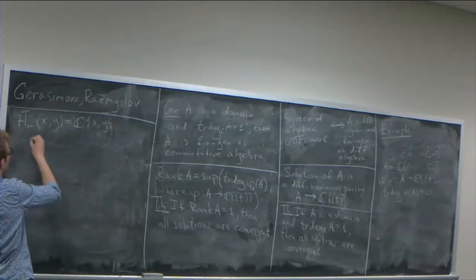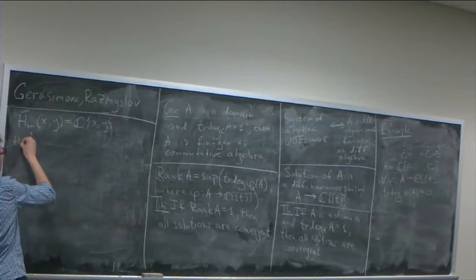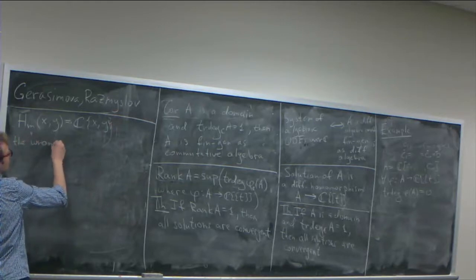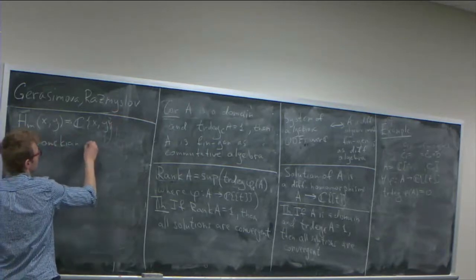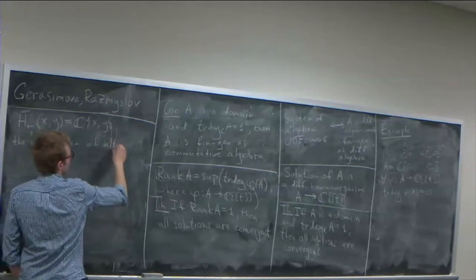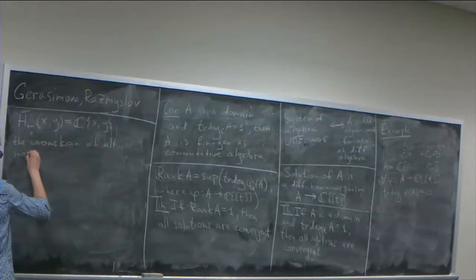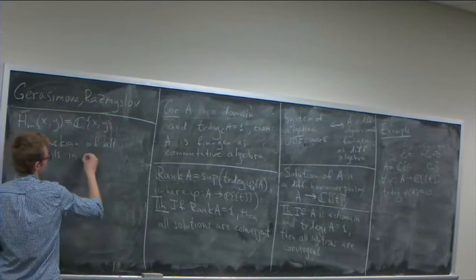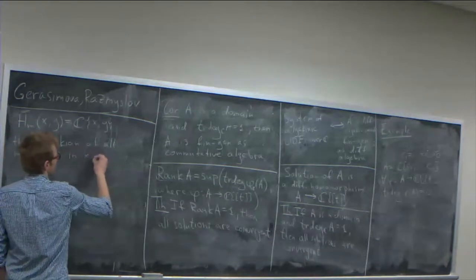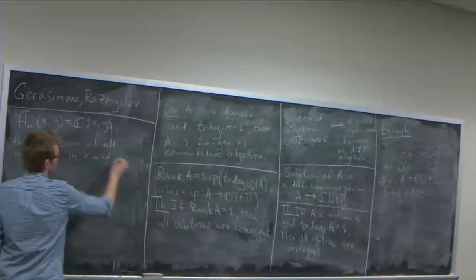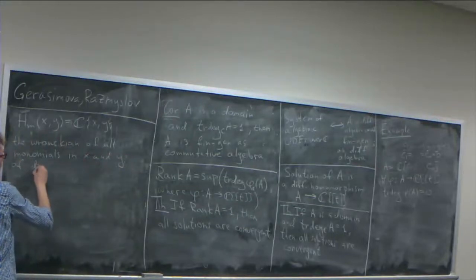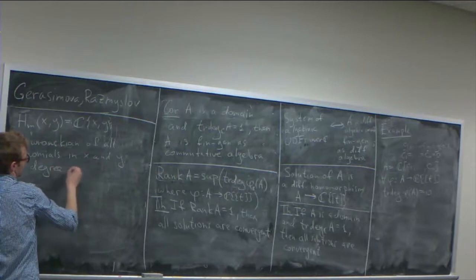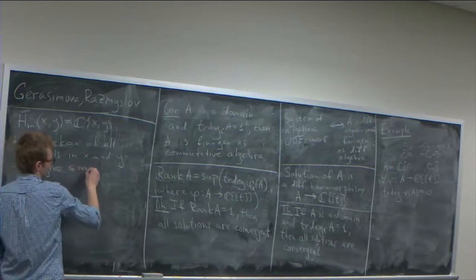Here Hm is the Wronskian of all monomials in X and Y of degree at most M.